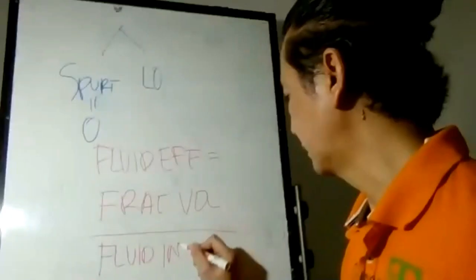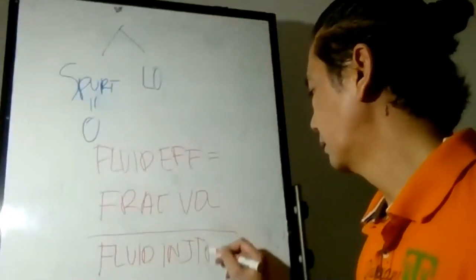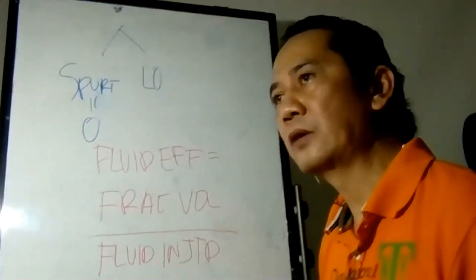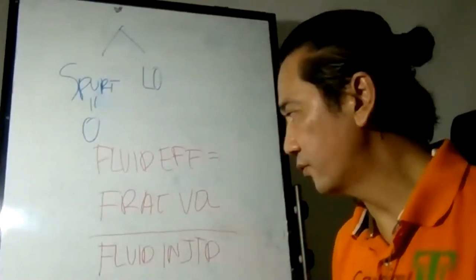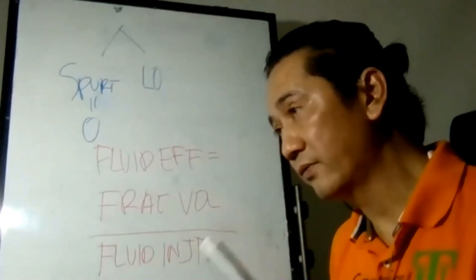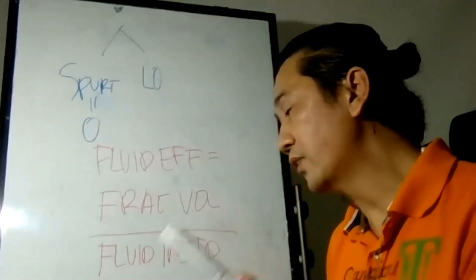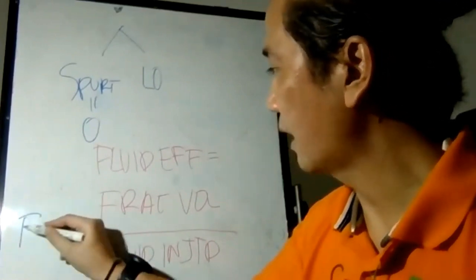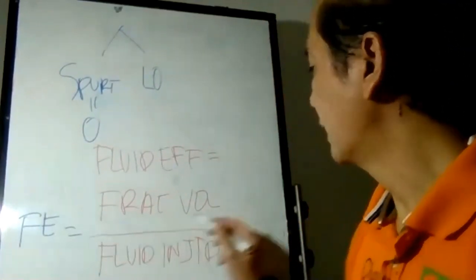So you're pumping fluid, let's say 1,000 barrels, and then the fluid injected is 1,000 barrels, and the fluid efficiency, this is FE, let's say 30%.